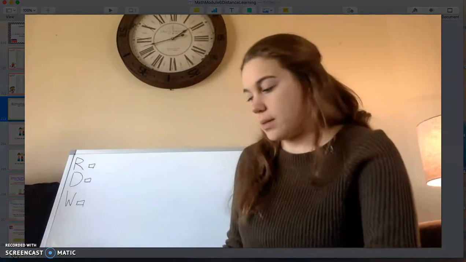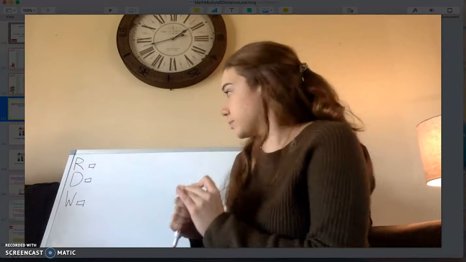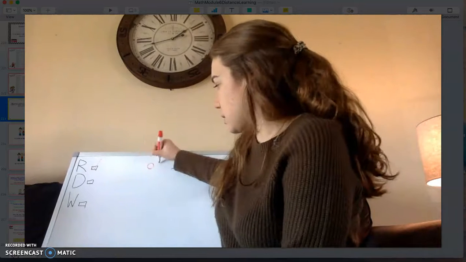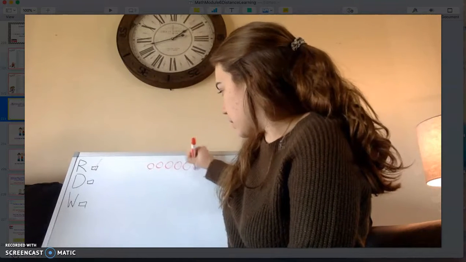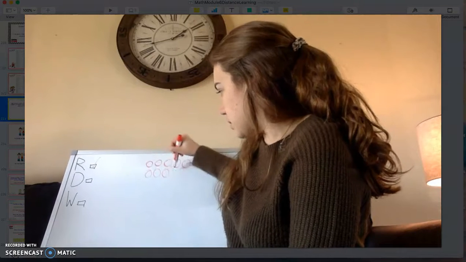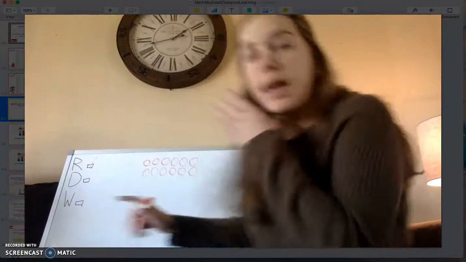So I'm going to make my egg carton. We've read our problem. So I'm going to draw 1, 2, 3, 4, 5, 6, 7, 8, 9, 10, 11, 12. So here's my egg carton.